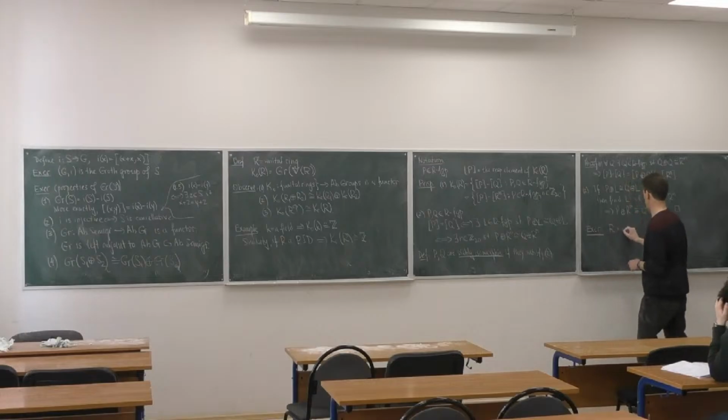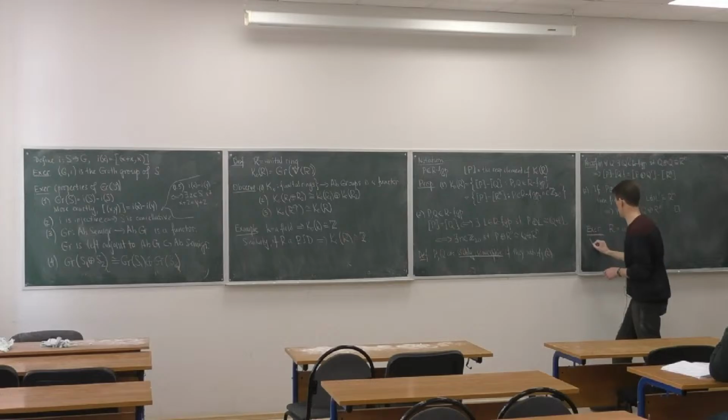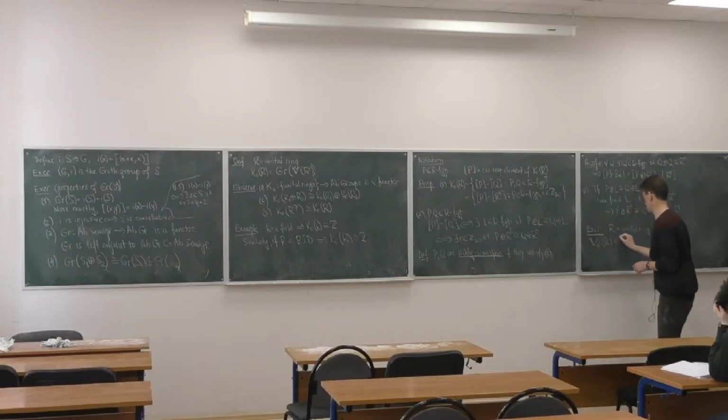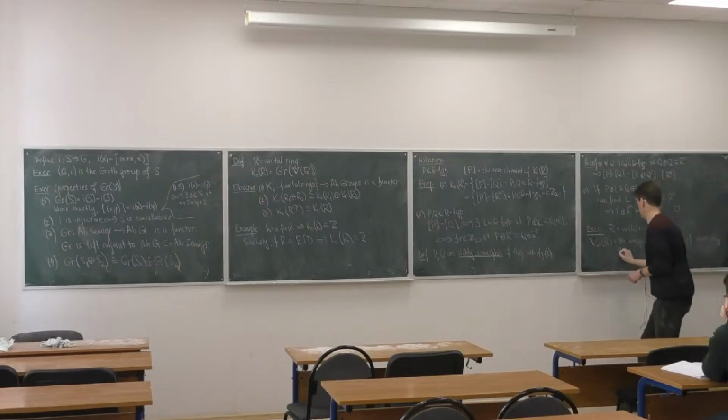We take any unital ring R, and we consider the following semigroup, which is denoted by V infinity of R. This is the semigroup of equivalence classes of countably generated projective R modules.